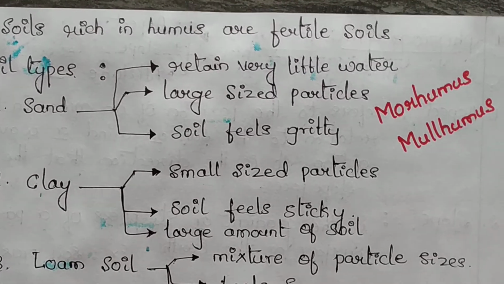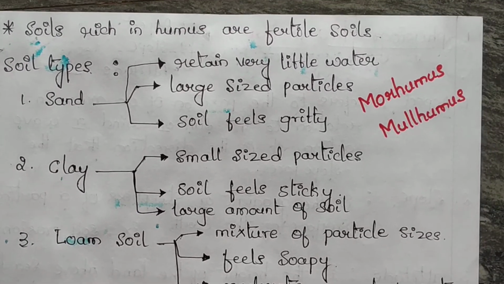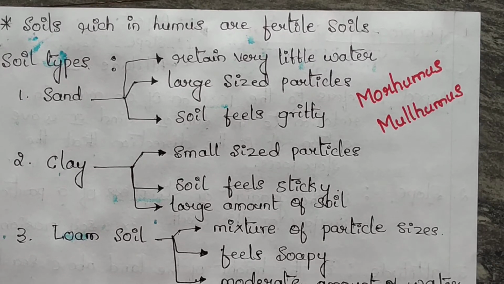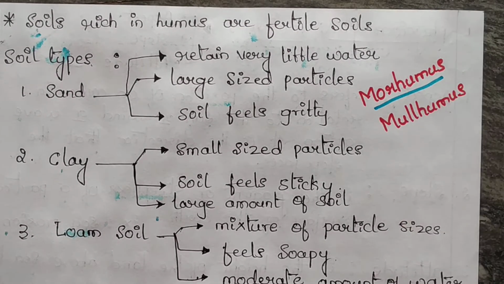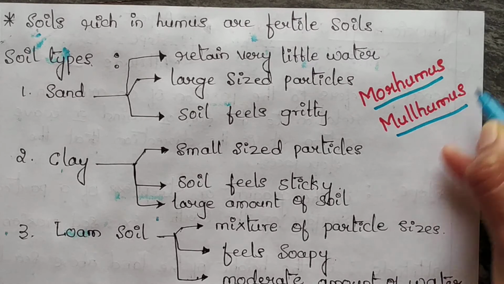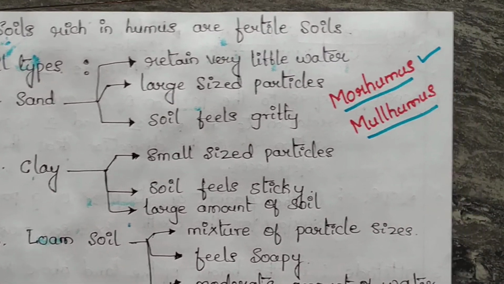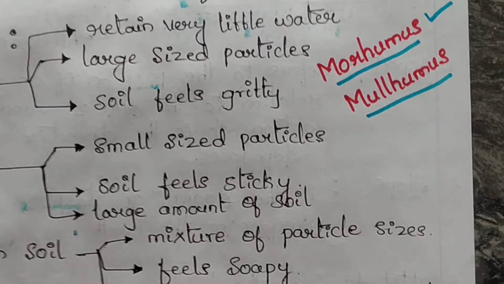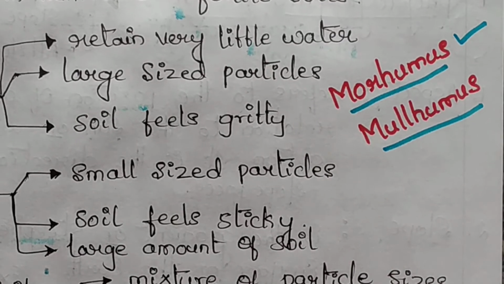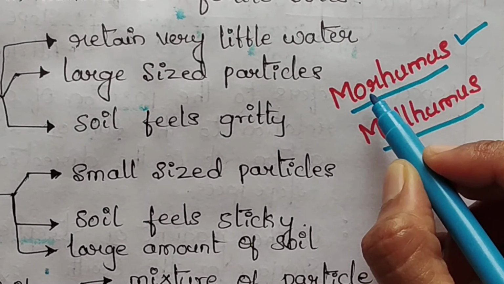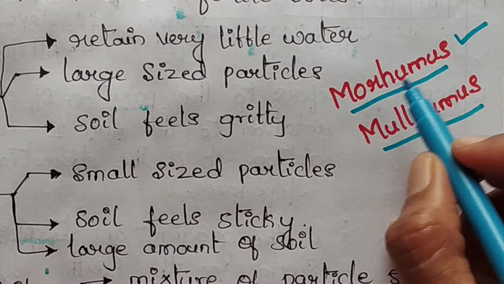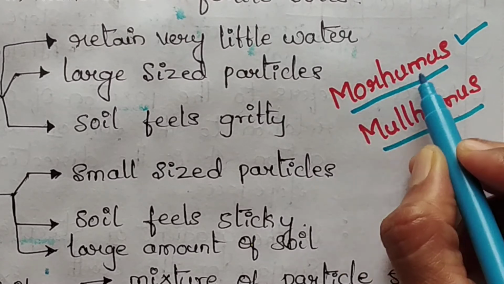If you look at the types of humus, there are two types: mor humus and mull humus. Let us know what mor humus is. Mor humus means humus where there is a lack of microbes or a lack of earthworms. That humus is called mor humus.